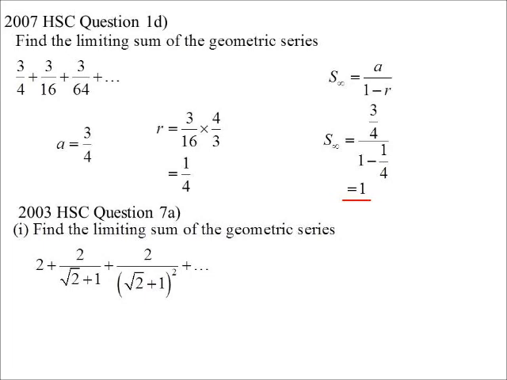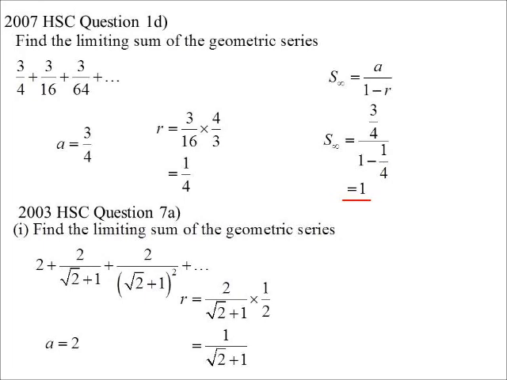Now, as opposed to the one in 2003, which was question 7, where they then said, yes, it's the same question, just a more interesting ratio there. So the first term is 2. The ratio, well, if you can't see it straight away, we can work it out by getting one term and dividing it by the other one. It's 1 on root 2 plus 1 is the ratio. Now, of course, we need to make sure that that is less than 1, and it is.